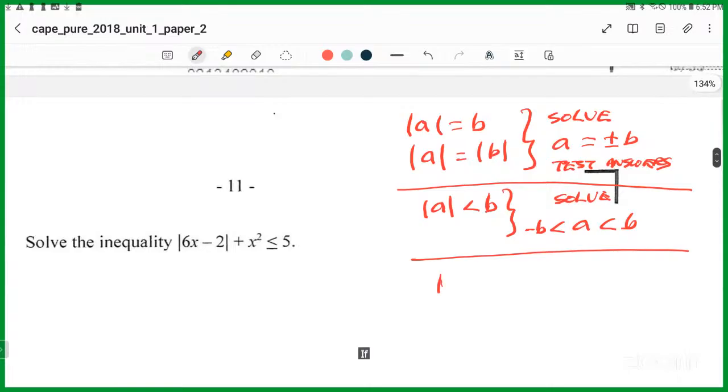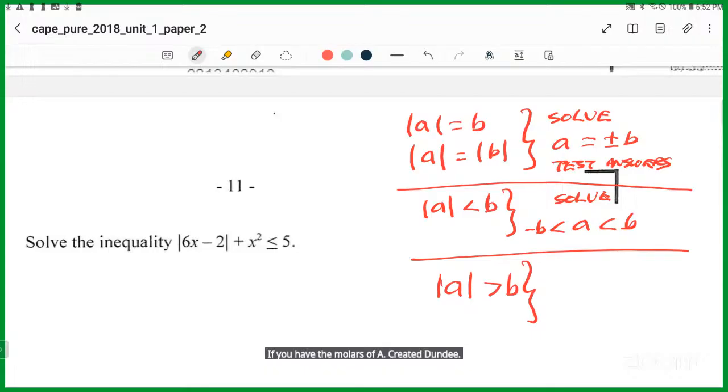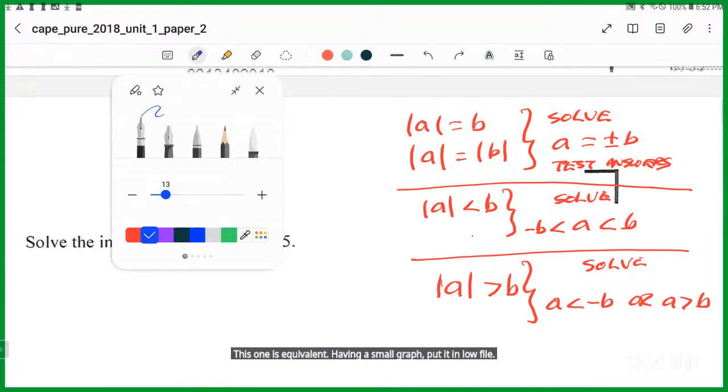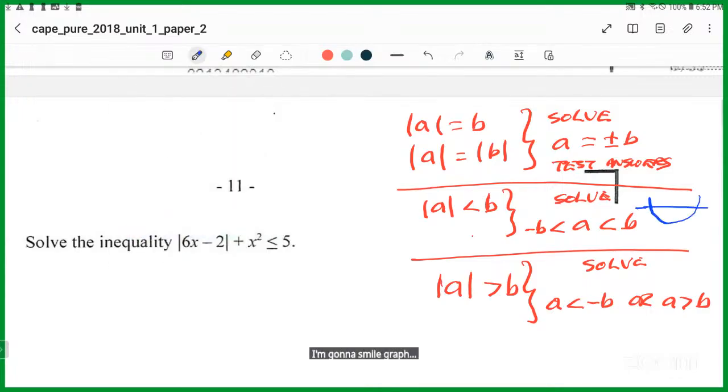If you have the modulus of A greater than B, then you solve A less than minus B, or A greater than B. So in this case, you're between the minus B and the B up here. So down here, you're outside the minus B and B. So this one is equivalent to having a smile graph, and you want under here, right?